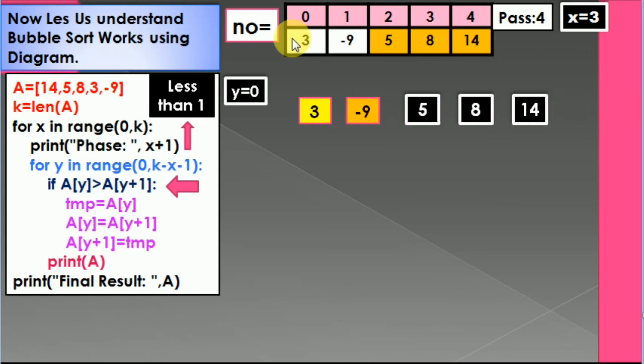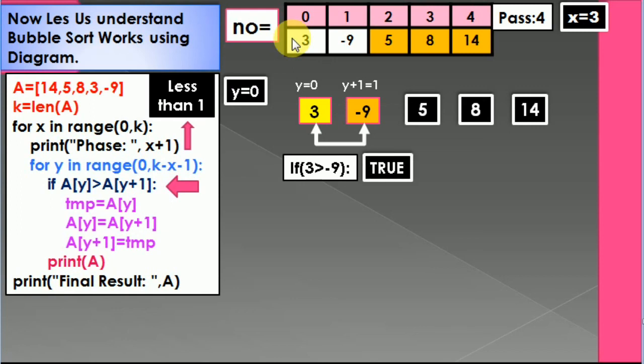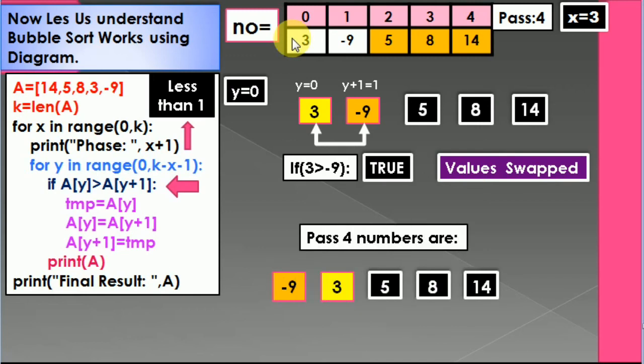That means y is going to be 0. These are the numbers, so what numbers are going to be checked? When y is at 0, it will check with y plus 1. Is 3 greater than minus 9? It is true, then the values are swapped. Now the final pass 4 value is going to be minus 9, 3, 5, 8, 14.